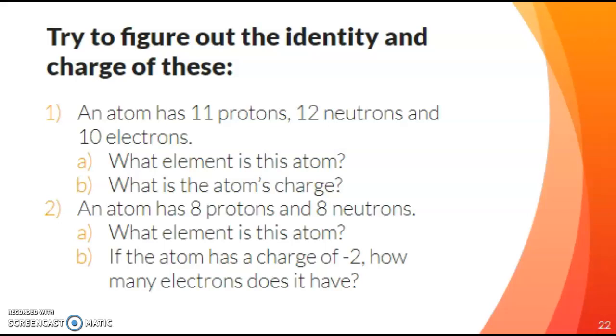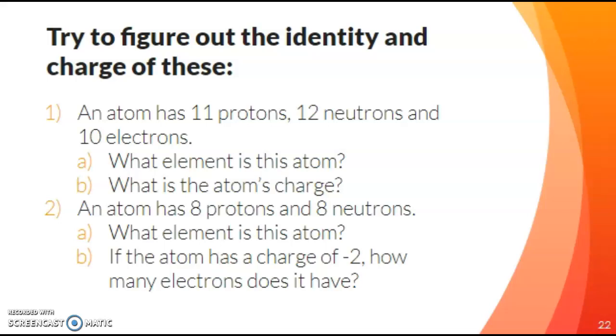Let's try our second example on this side. An atom has 8 protons and 8 neutrons. What element is this atom? Look at my periodic table. Number 8 is oxygen, our good friend oxygen. Then I don't give you the electrons. I say the atom has a charge of negative 2. How many electrons does it have?